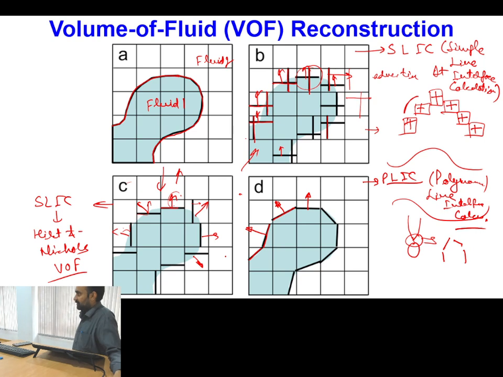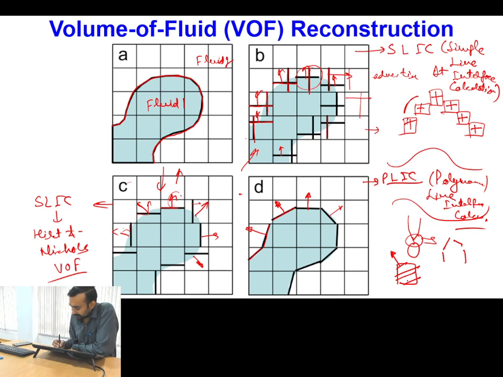Is this point clear? One important point to consider is that whenever we place a line in a computational cell, we have multiple options, because the normal only gives the direction. In this direction the line can be close to the top, close to the bottom, or somewhere in between. So how do we decide the location of the line?